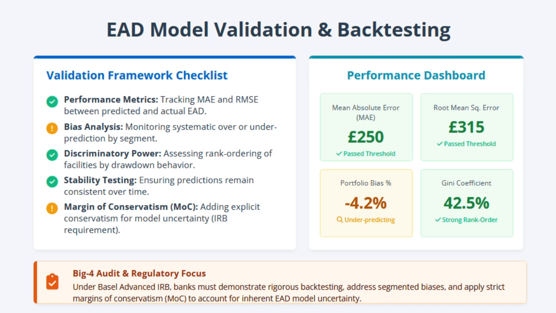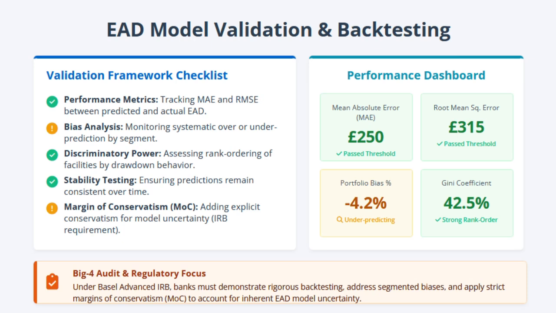You should ask: are we systematically over or under predicting? This varies by segment and must be monitored continuously. Discriminatory power. Does the model correctly rank order the facilities by expected drawdown behavior? Stability testing. The model's predictions shouldn't change dramatically over time without corresponding portfolio changes.